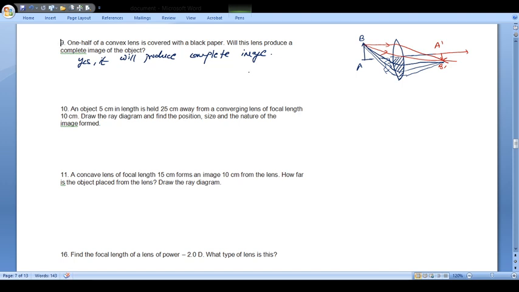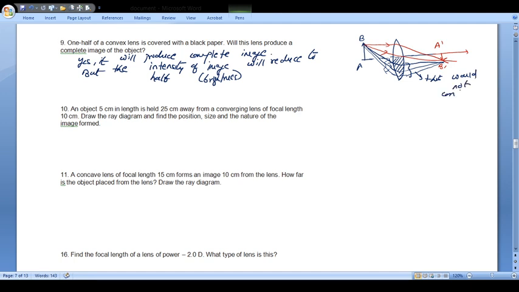Yes, it will produce complete image, but the intensity of image will reduce to half. इंटेंसिटी ऑफ इमेज का मतलब है, you can say ब्राइटनेस. जो पहले आपको इमेज ब्राइट दिख रही थी, अब उसकी ब्राइटनेस उसके हाफ हो जाएगी, क्योंकि now these rays will not contribute. लेकिन इमेज तो देखो पूरी ही बनेगी, right. So I hope this part is clear to you.